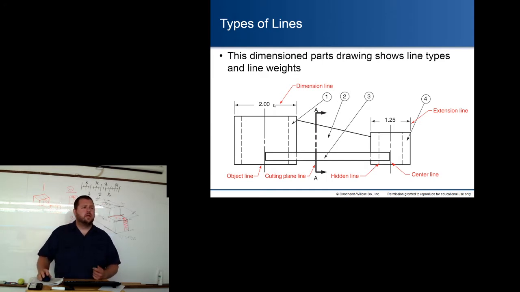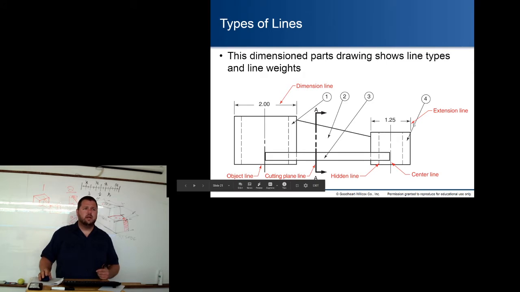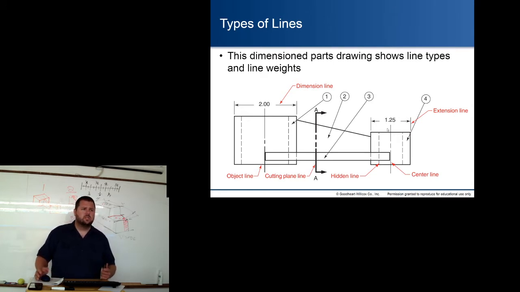So we have our dimension lines. These extension lines right here are saying this edge or this edge. They always reference an edge or at least a space within something, because it doesn't have to be an edge. It could be essentially a line delineating how far over something is. So like this center line, I could measure from this edge to this center line, and I would technically still use an extension line.